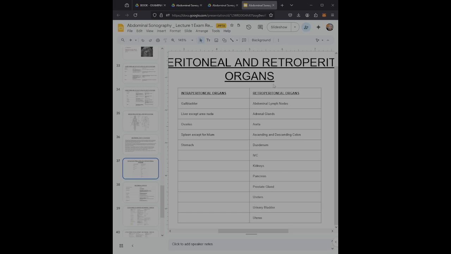Note that there are far more retroperitoneal organs that are covered only partially by the peritoneum, and we have organs that are completely intraperitoneal.